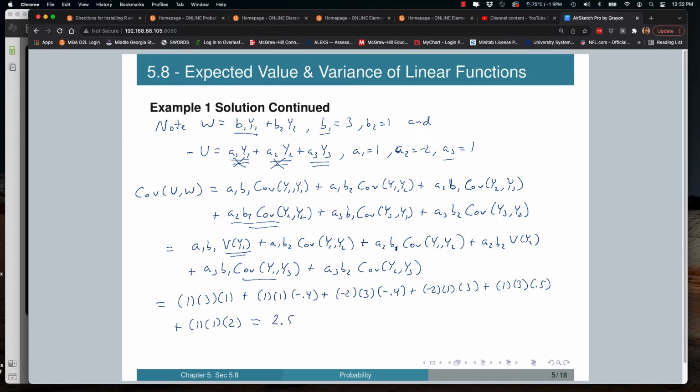All right, so boom. But since we got that as a covariance between u and w, I'm going to recall one of our former theorems. So since the covariance of U and W is not equal to 0, we're doing the contrapositive of the theorem that we learned last lecture.